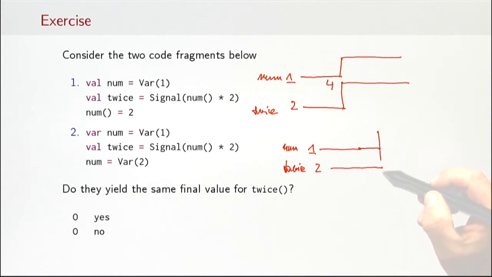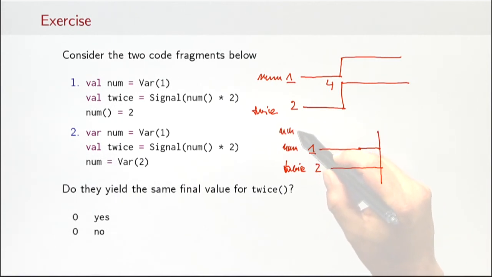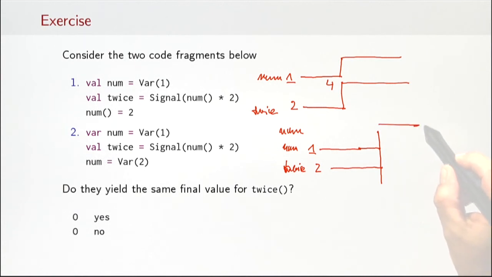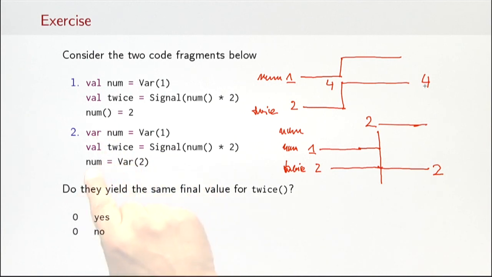So after this point here, num in fact points to a new signal that has the value 2, whereas the twice signal in fact would still depend on this signal here that I have created up here, so it would stay 2 forever. So while I have here 2 as the final value, in the first code fragment it was 4, and the 2 fragments are indeed different. It just shows a little bit the subtlety that you have with signal update versus variables. It gives you another aspect of that same difference.